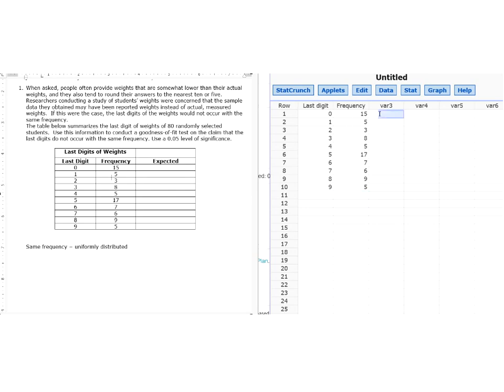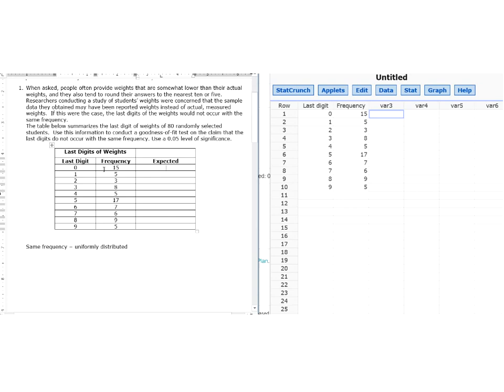Now for StatCrunch, when you're doing this procedure, you have to put in the expected values. So I left another column in this table to put the expected values in. How you get these is that you take the total. It tells us here that we have 80 randomly selected students, so we've got a total frequency of 80. We're going to multiply that times the proportion that we expect each one of these to be. So whatever our distribution is claimed to be, we multiply those decimal values times our total.